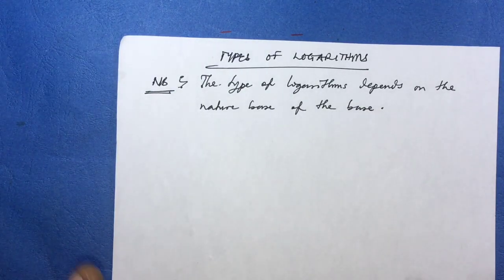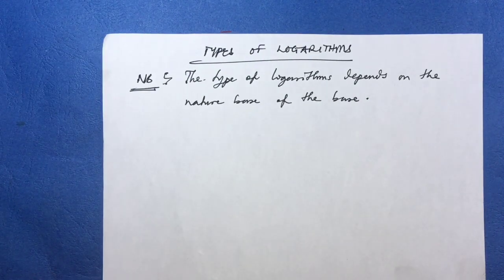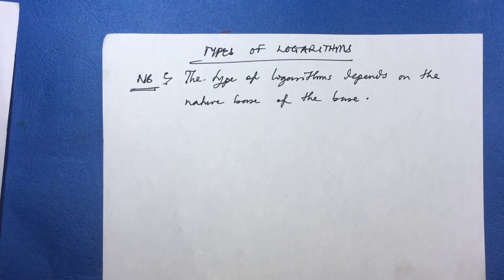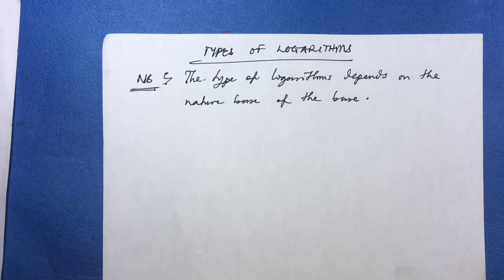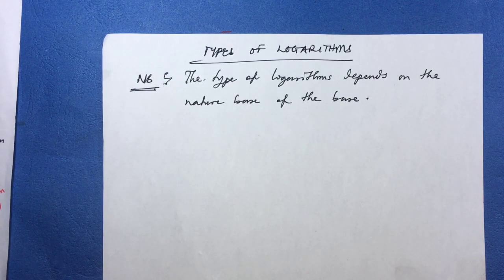The type of logarithm you are dealing with, be it at university level or college level or secondary level, is only because of the type of base. So logarithms have their types, and their types are dependent on the base.